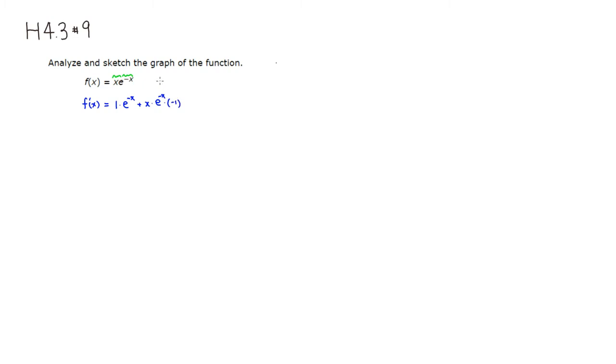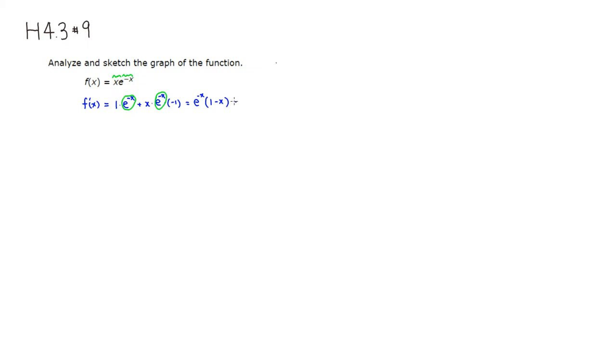If you factor out the common factor e to the negative x, you have a 1 from the first term and a negative x from the second term. So that's the first derivative.